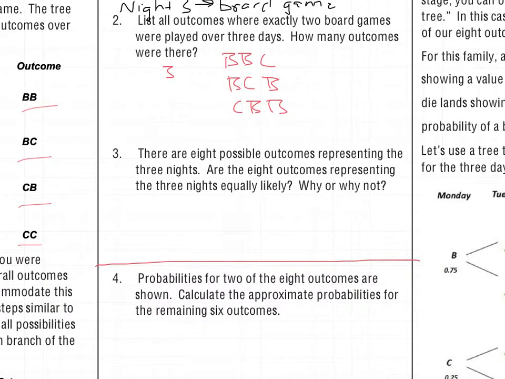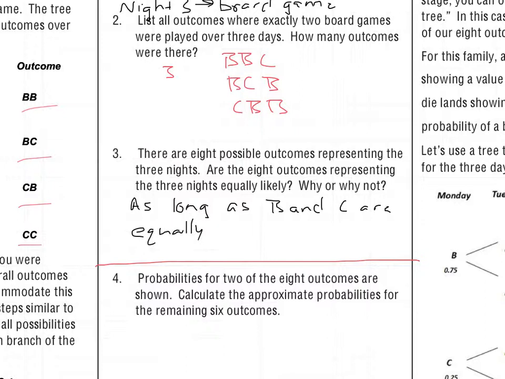So for now, we could say, as long as B and C are equally likely, the final outcomes are equally likely.